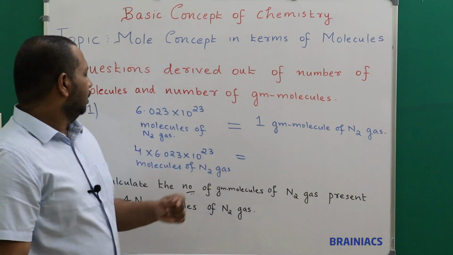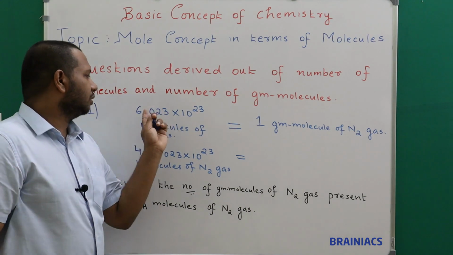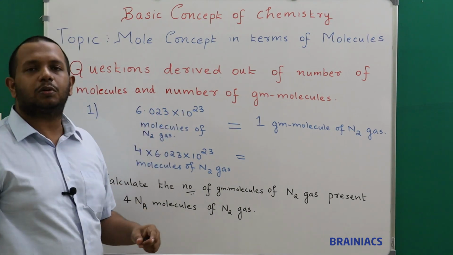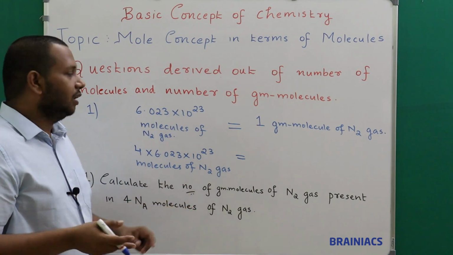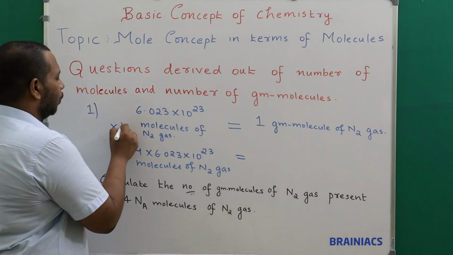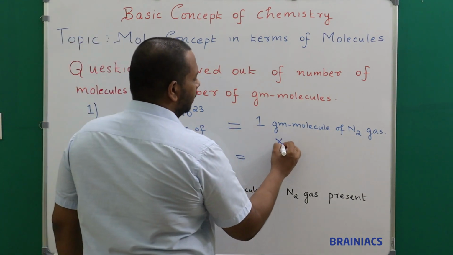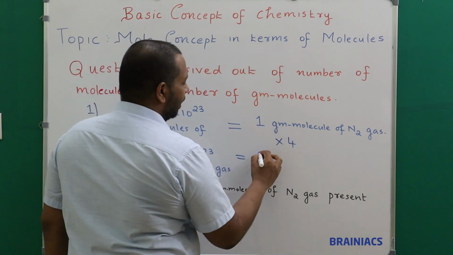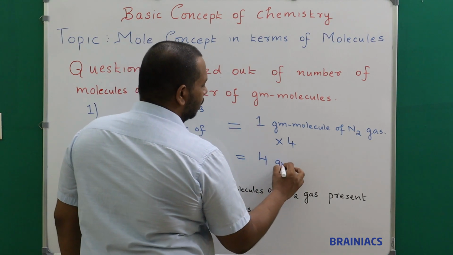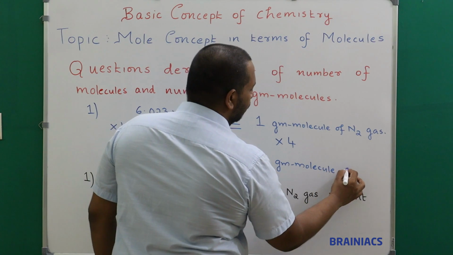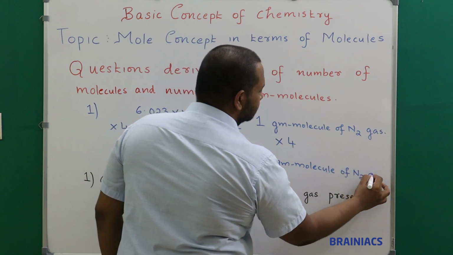So what should you do to convert 6.023 into 10 power 23 to 4 into 6.023 into 10 power 23? It should be multiplied by 4. So do the same thing on the right hand side, multiply by 4. So the answer will be 4 gram molecules of N2 gas.